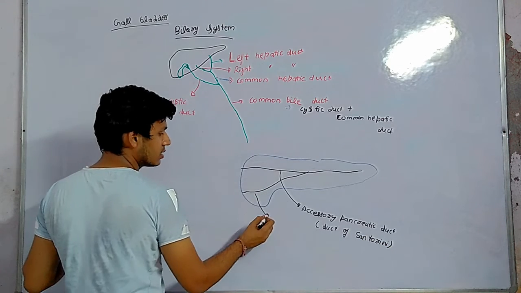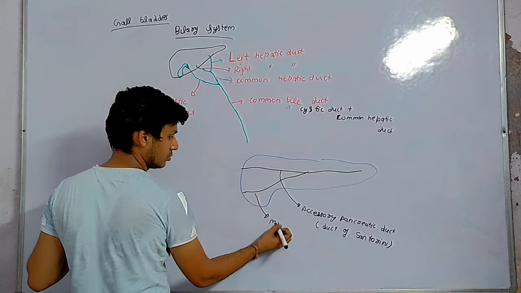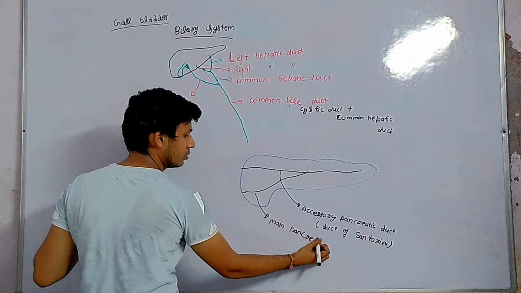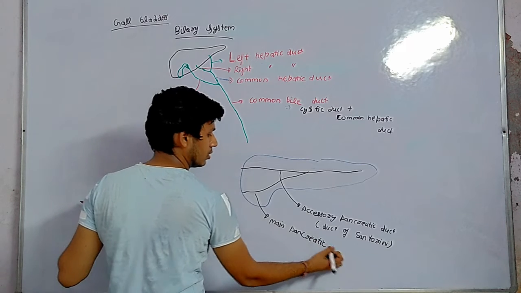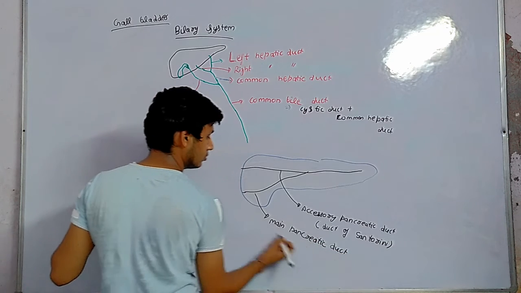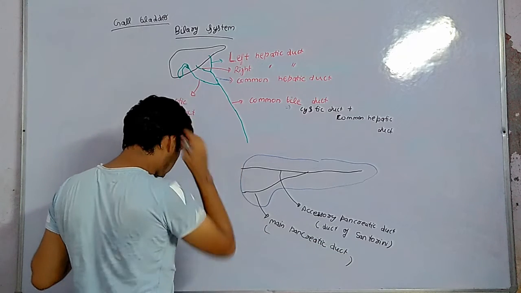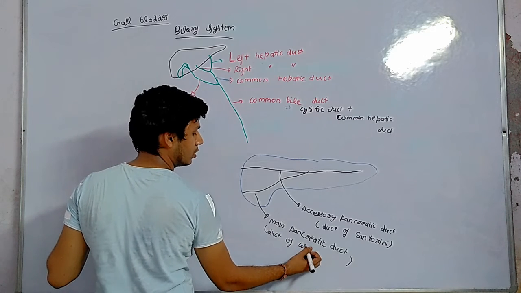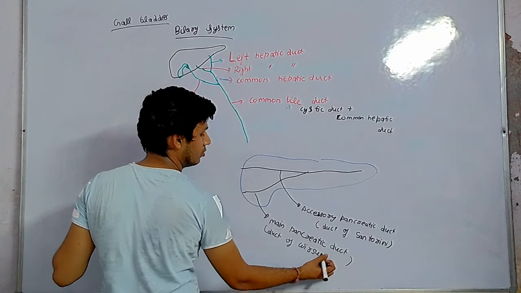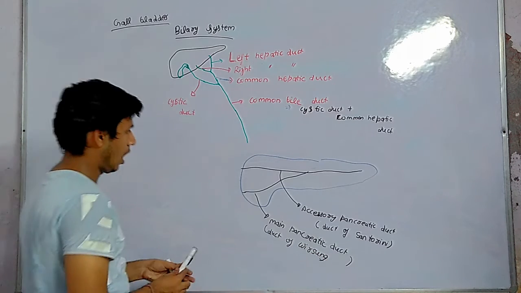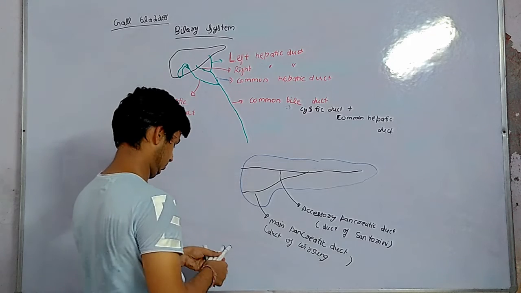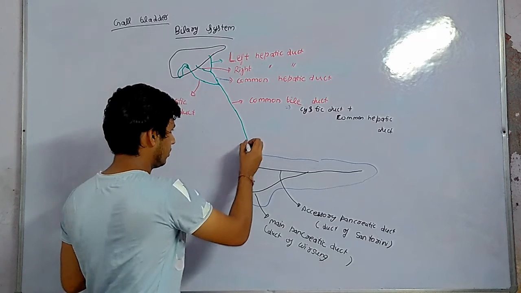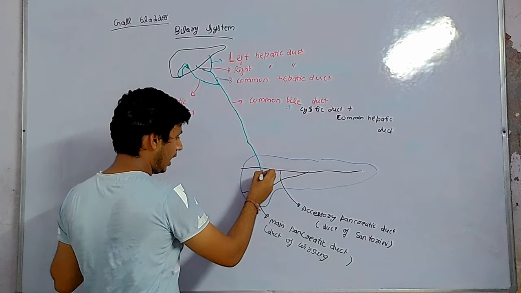Then this is the main pancreatic duct, called the duct of Wirsung. Then this bile duct descends and joins with this.